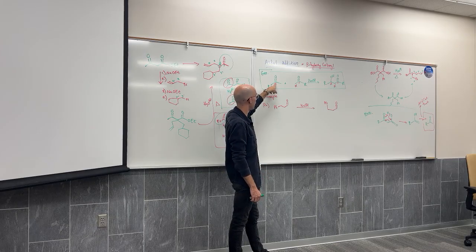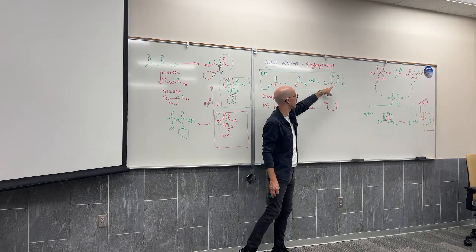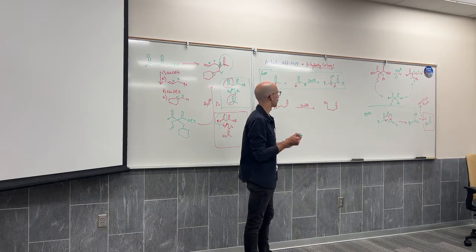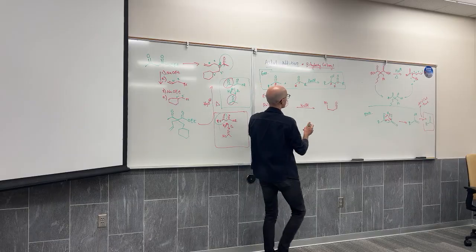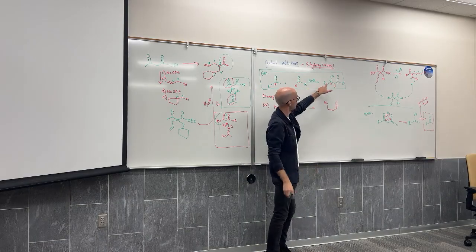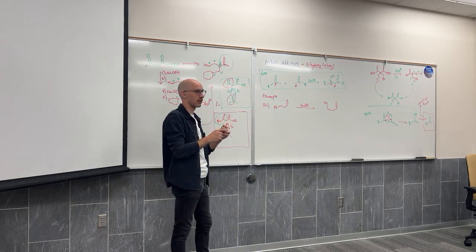So beta is being attacked by alpha. That's why CH3 goes to CH2. It's a nucleophile. But beta still has a methyl group that I forgot to show. So there's the methyl group for that beta position. Tertiary alcohol.